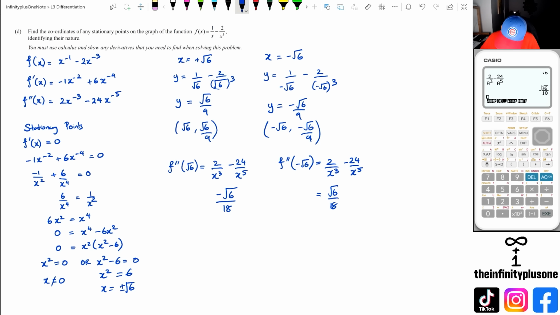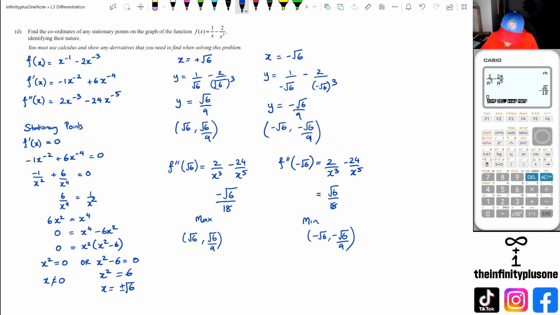So from here, I can see that this value is a minimum, this value is a maximum. So we can say maximum is going to be square root of 6, square root of 6 over 9. Minimum is going to be negative square root of 6 and negative square root of 6 over 9.